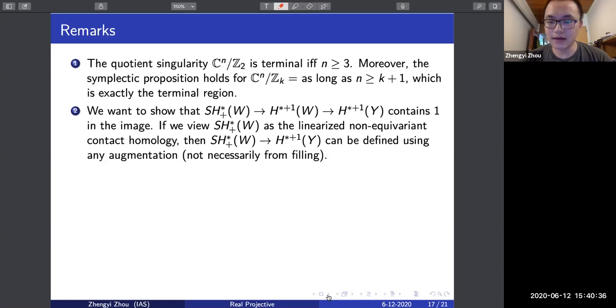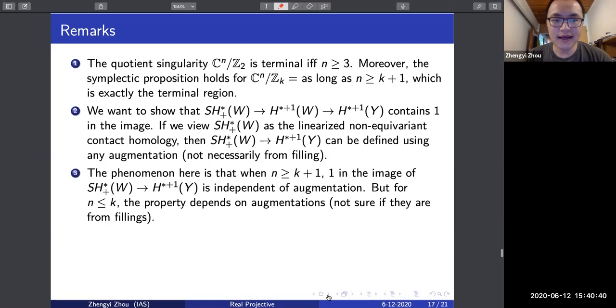Okay, so this augmentation may not necessarily come from a filling. And the phenomenon here actually shows that whenever n is bigger than k plus 1, then whether 1 is inside the image of this map is independent of augmentation. So SH plus W, where W here is maybe misleading because I'm not using any fillings. I'm just saying, if I give you an augmentation, I can still define SH plus, the positive symplectic cohomology.